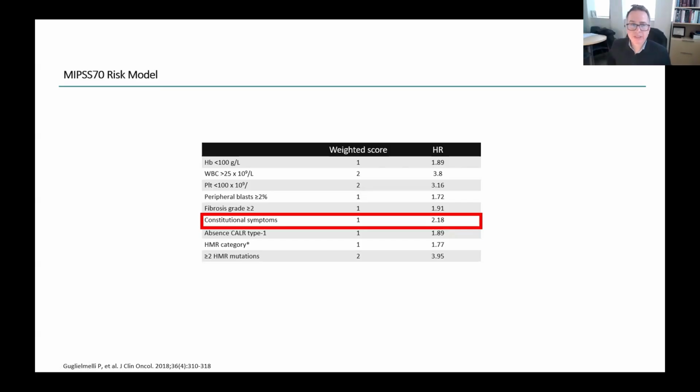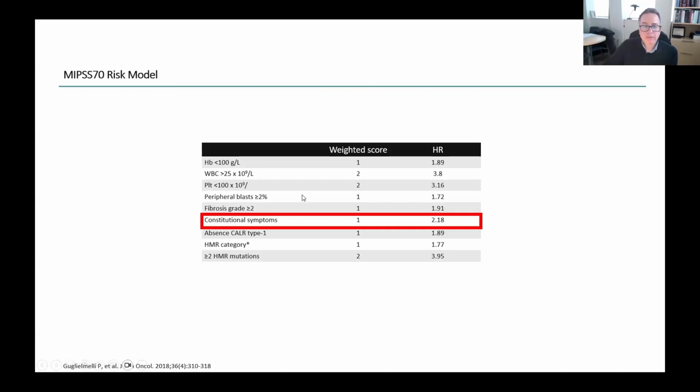Symptoms matter, not just to the patient and their loved ones and to their quality of life, but multiple scoring systems. And here I'm showing you the MIPSS70, which stands for Molecularly Inspired Prognostic Scoring System. And this has shown in multivariable analysis that having constitutional symptoms factors in an independent way on risk to the patient, risk for poor outcomes.